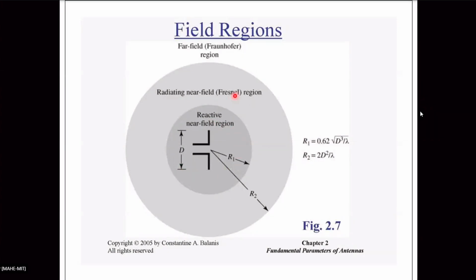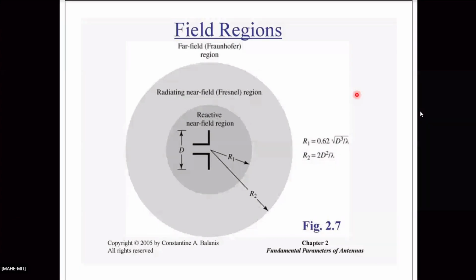In the Fresnel region, the radiating field or the real power dominates. Radiating means real. When you see the radiation pattern or radiation field, we refer to real power. So in the Fresnel region, the in-between region, the real part dominates compared to the imaginary part, and in the far field region it is only real.